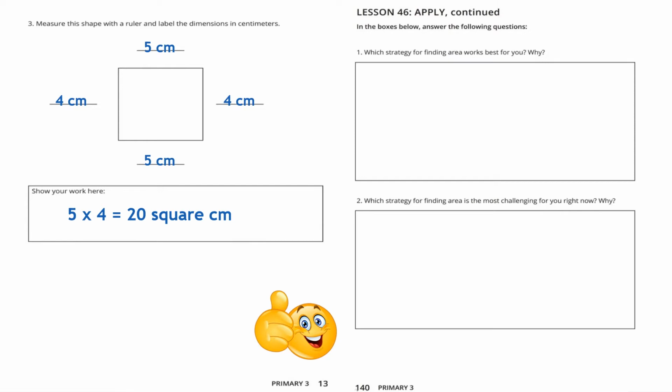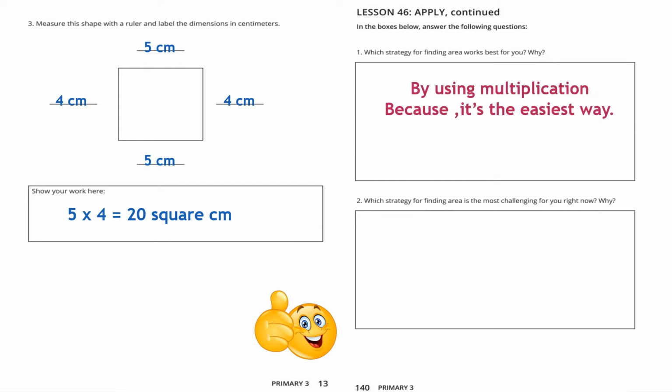Now, let's move to the next page. Which strategy of finding area works the best for you? Okay, and why? We said before, we can count, or we can use repeated addition, or we can use multiplication.